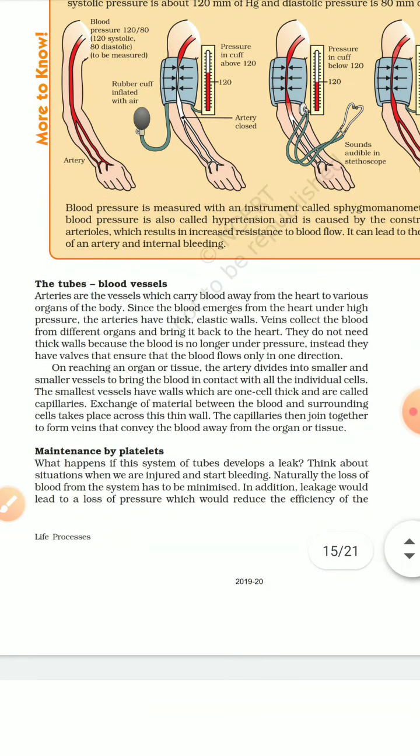And you know very well that plasma carries food material, gases dissolved in it, and excretory products dissolved in it, which are transported through the blood. And the hemoglobin carries oxygen to various parts of the body.